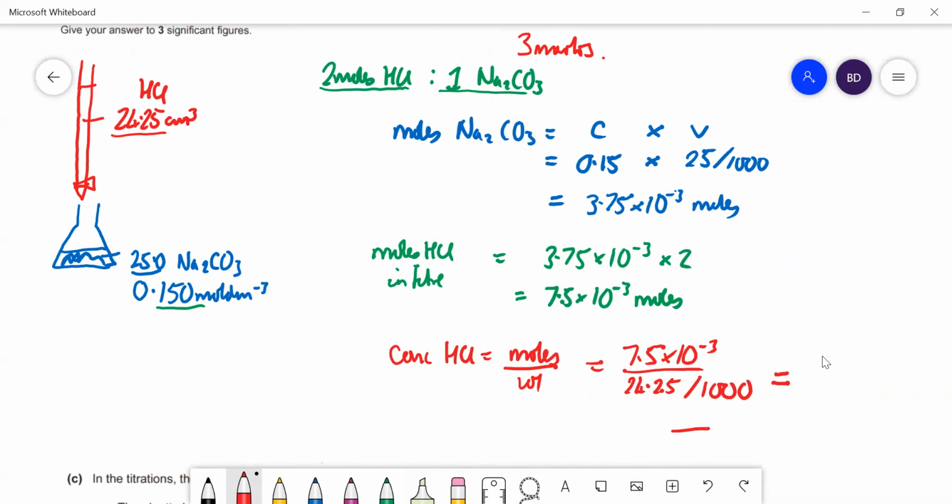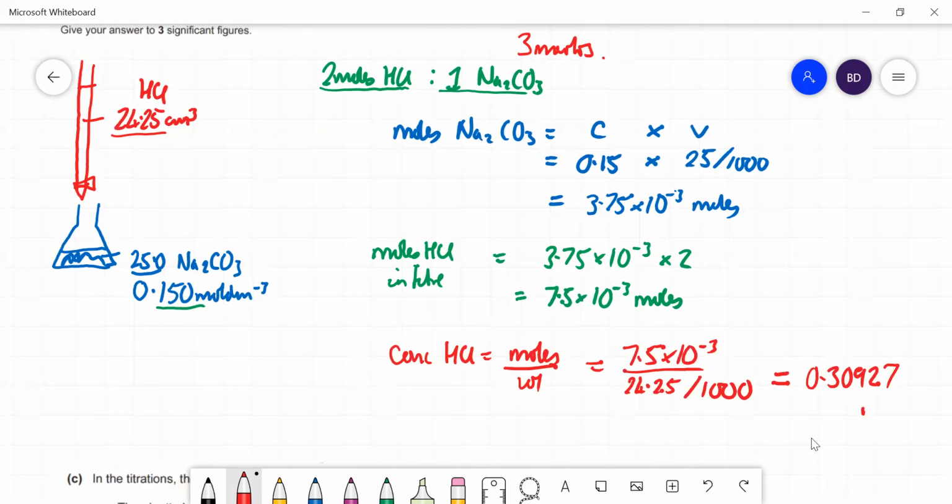That gives us 0.30927 moles per decimeter cubed, but it does tell us to give it to 3 significant figures.